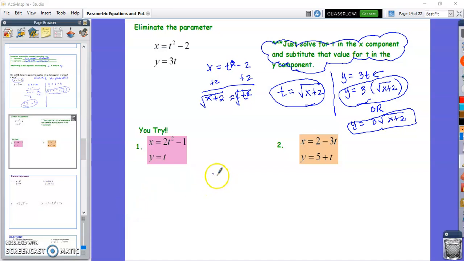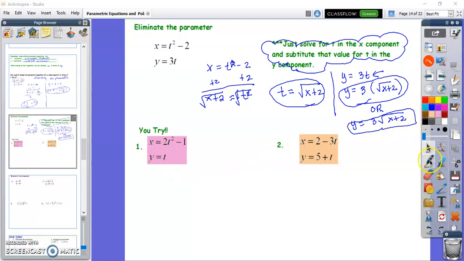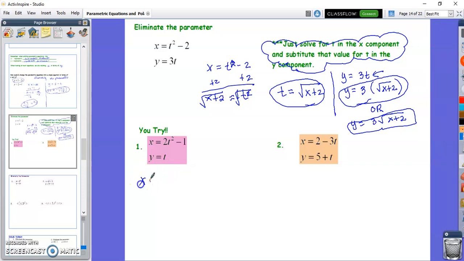Now go ahead and pause the video and try numbers 1 and 2. All right, hopefully you paused the video. Let's see, you have x equals 2t squared minus 1. Solving for t, I'm going to add 1 on both sides first.